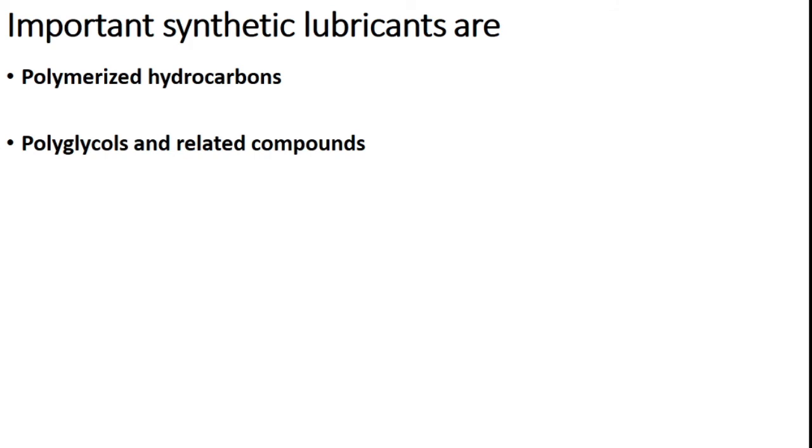Polyglycols and related compounds like polyethylene glycol, polypropylene glycol and polyglycidyl ether and higher polyalkylene oxides can be used as water soluble as well as water insoluble lubricants in rubber bearings and joints.